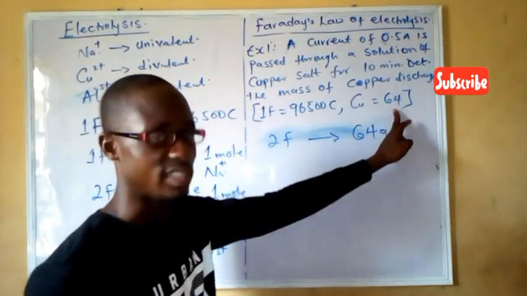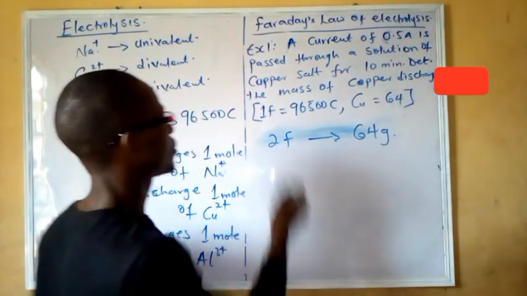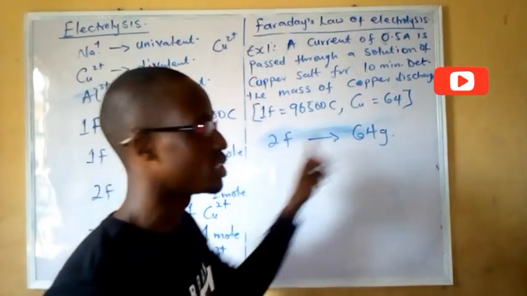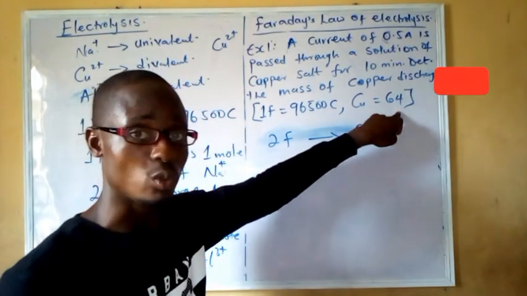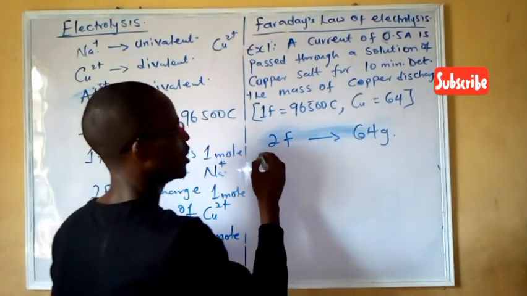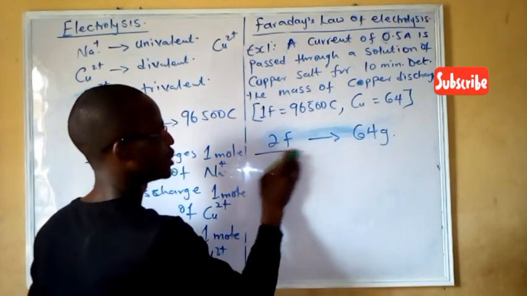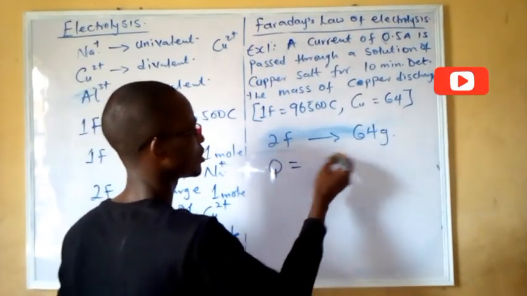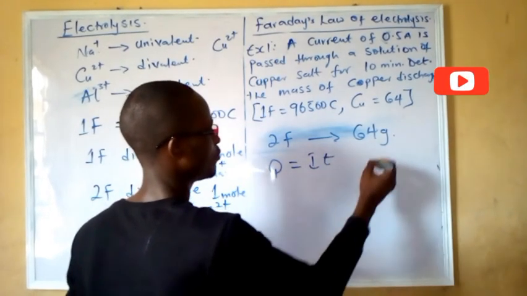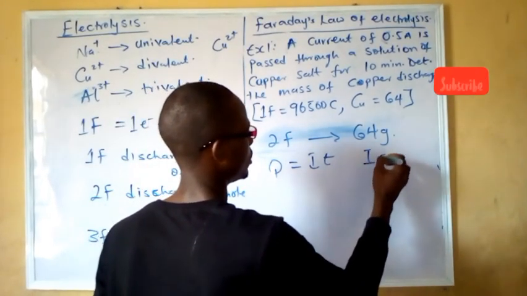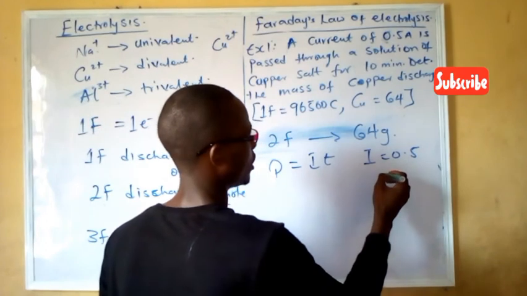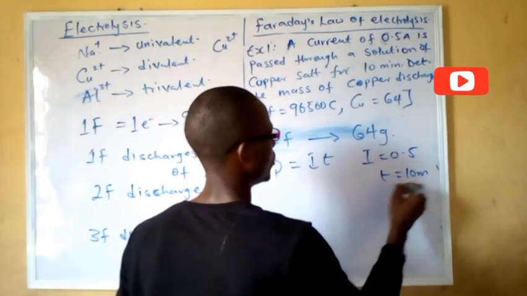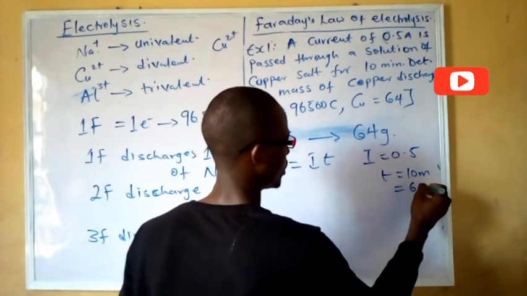Because the charge of copper is Cu2+, definitely 2 Faraday will discharge these 64 grams. However, the quantity of charge here is Q equals IT. I is equal to 0.5, then T equals 10 minutes, which is 600 seconds.